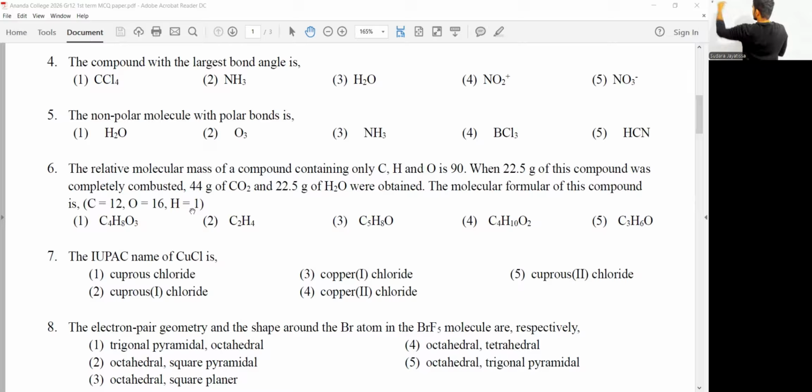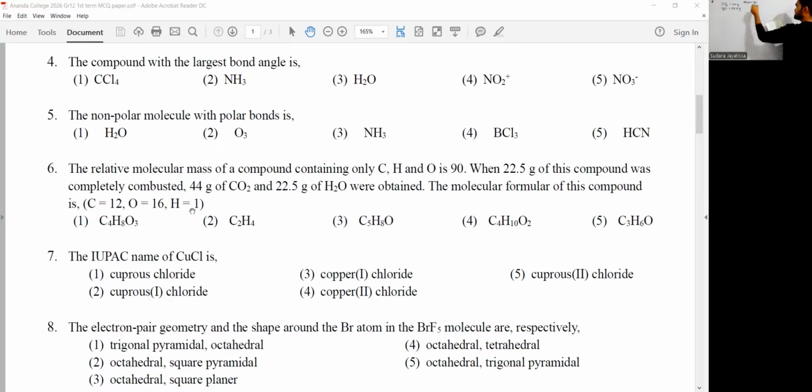First it says carbon dioxide 44 grams, and then water 22.5 grams are given, and then the relative molecular mass is 90.